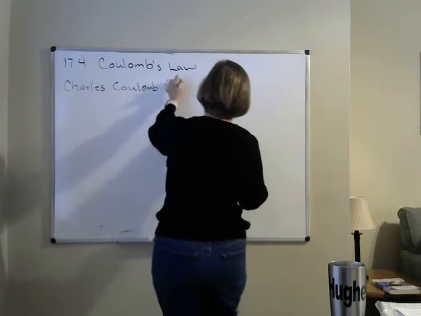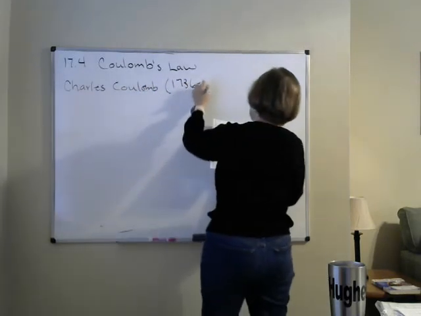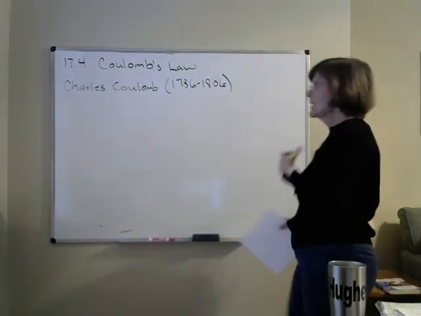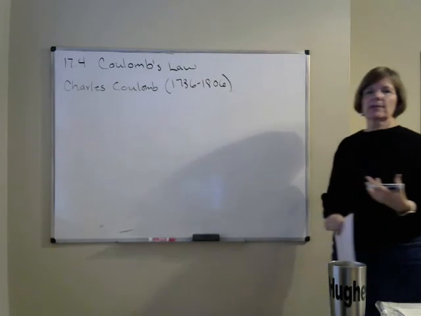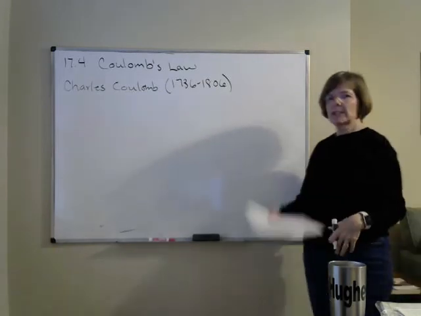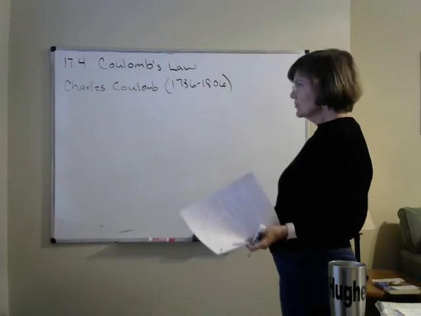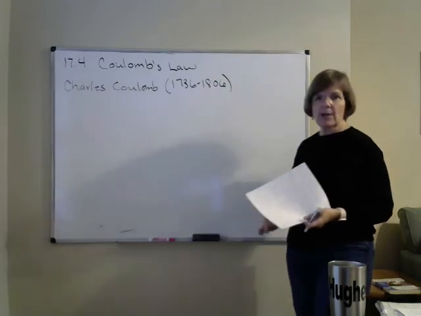He lived from 1736 to 1806. So we're talking 100 years after Isaac Newton. Isaac Newton was born in 1642 and he died in 1727. So Charles Coulomb wasn't even born until after Isaac Newton was dead.